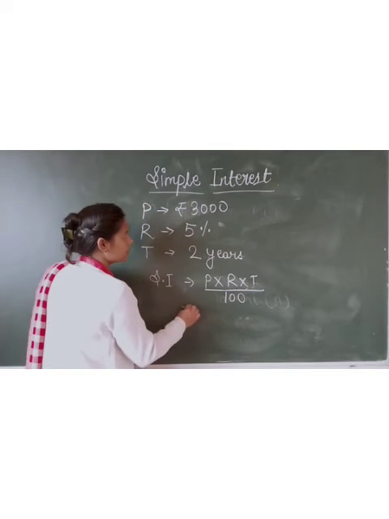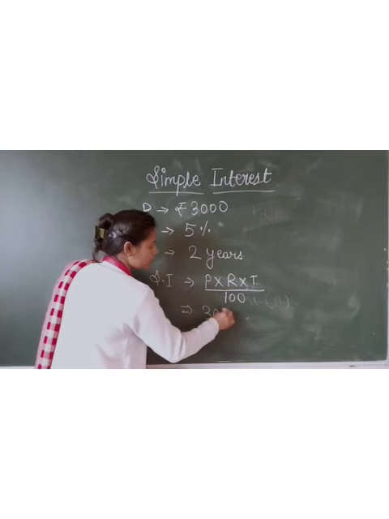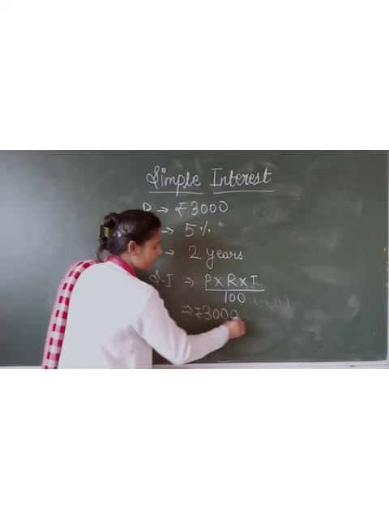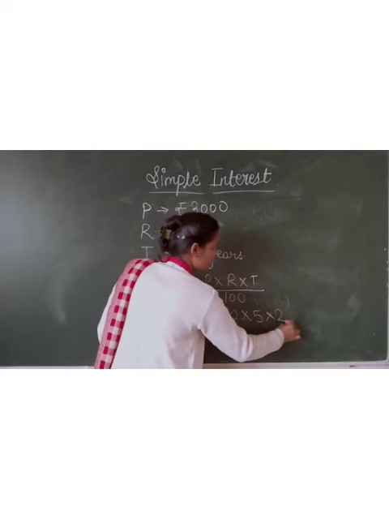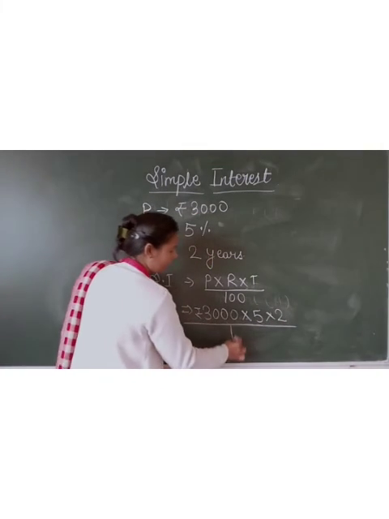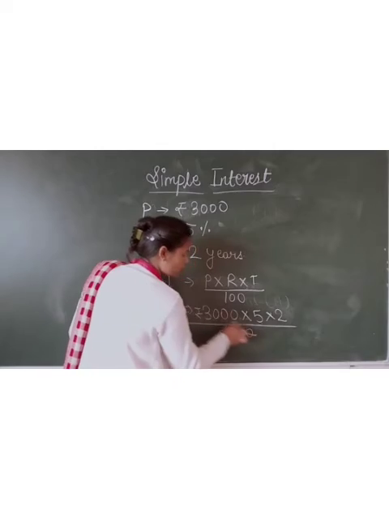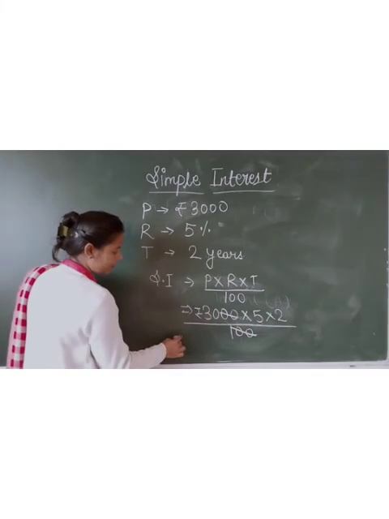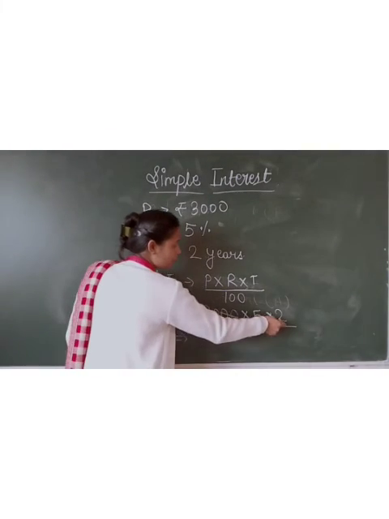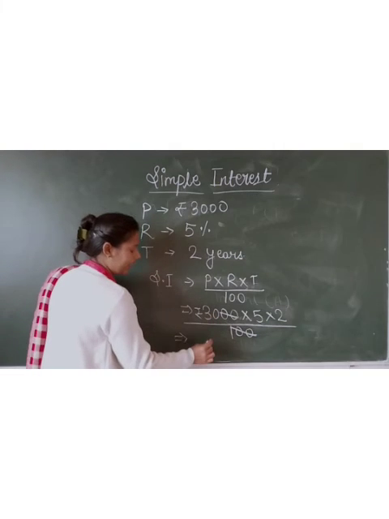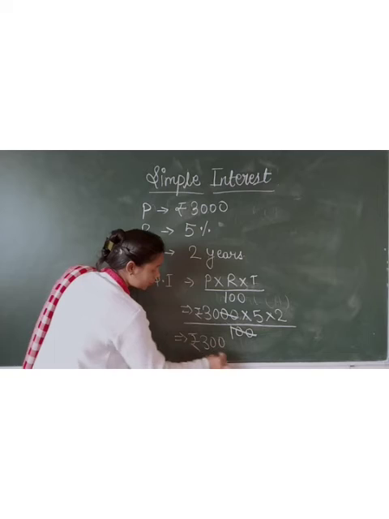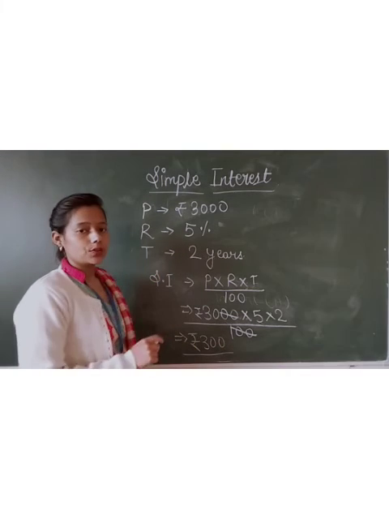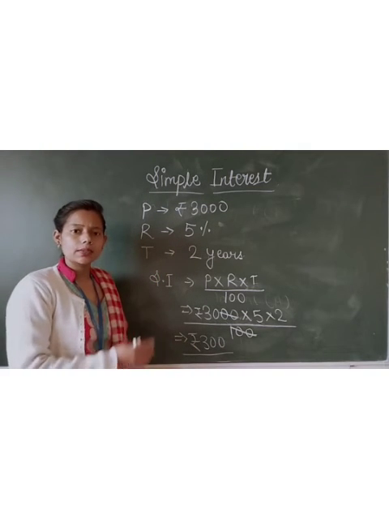So our principal is 3000 rupees, our rate is 5 and our time is 2 years, and it is divided by 100. So we can cancel 2 zeros there. So 5 2s are 10 and 10 3s are 30. So we get 300 rupees interest.